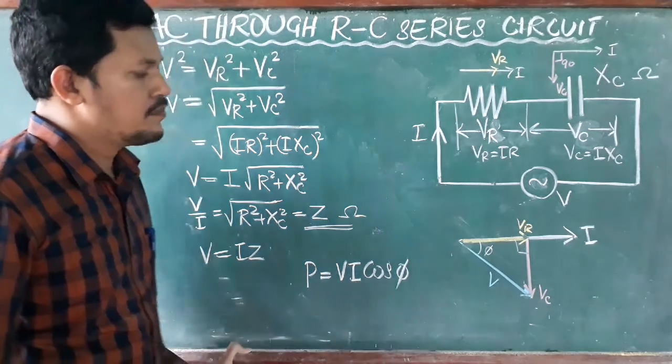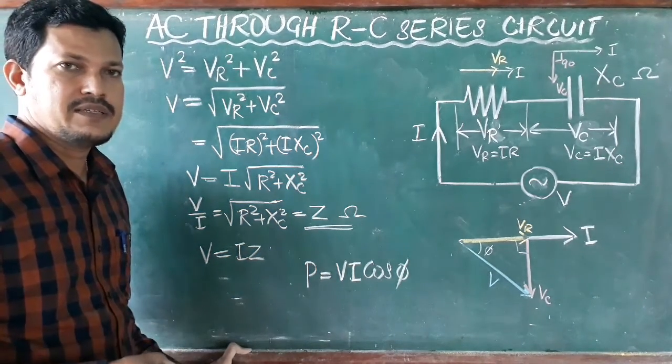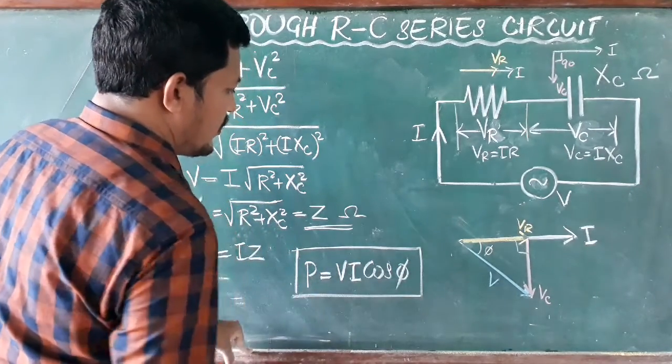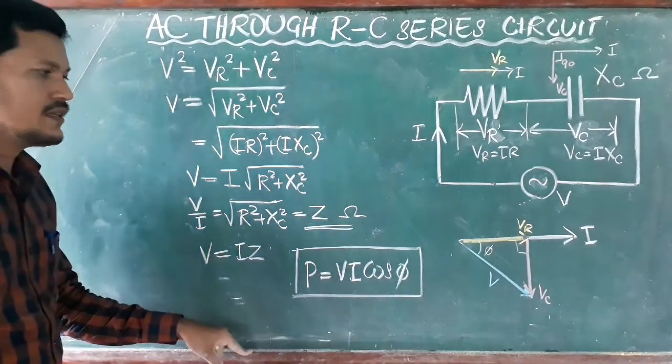Multiplying these, we get power P equals V I cos phi.